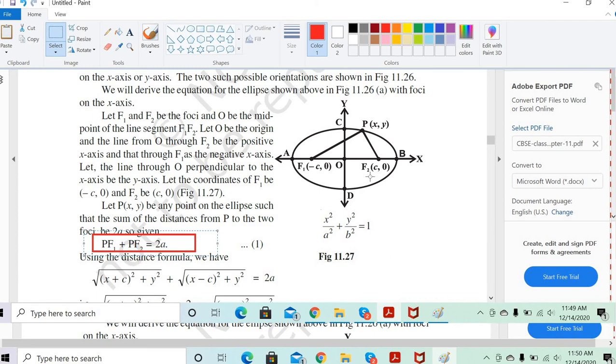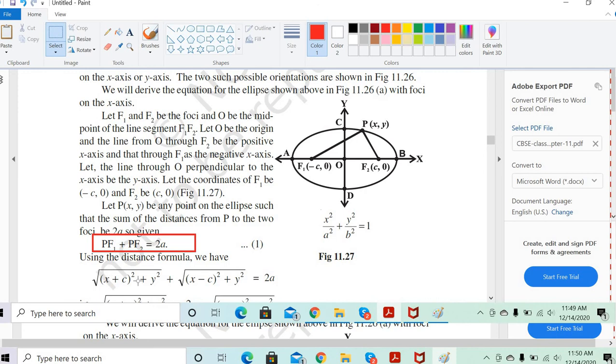Now use the distance formula for PF1. What is the PF1 value using the distance formula? Square root of x plus c whole square plus y square.